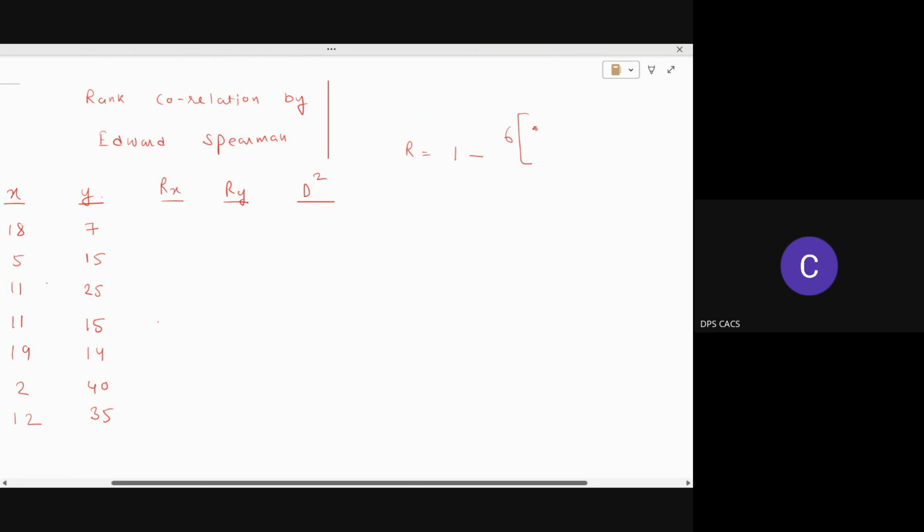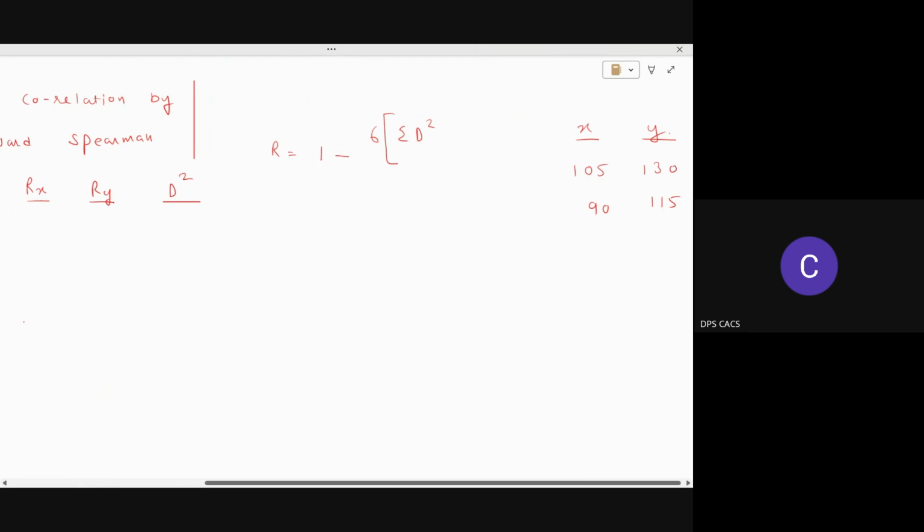One is summation d square that we already are comfortable with. D square तो पता है सबको क्या होता है, plus summation of t cube minus t whole divided by 12. This part will understand, divided by n cube minus n.